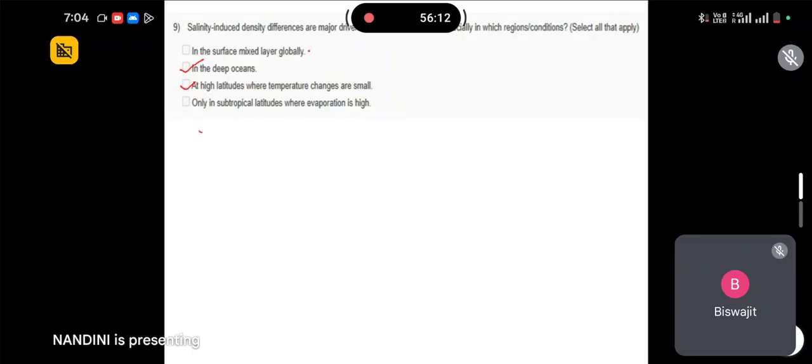In the surface mixed layer it can't happen because it has a roughly constant density. And in subtropical latitudes, it is mostly due to the salinity difference, I guess, rather than the density difference. So deep oceans and high latitudes where temperature changes are small are the correct answer.